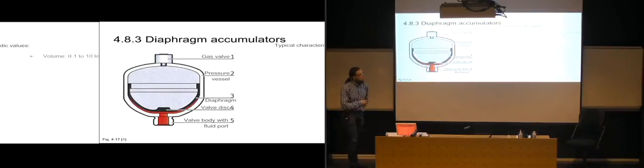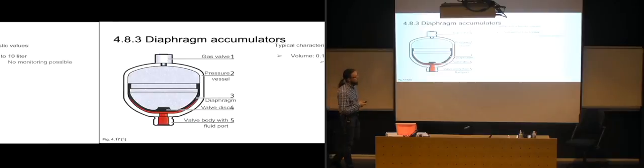And typical characteristic values here, 0.1 to 10 liters. So these can't be all that big. So 10 liters, that's the usual bucket that you will have at your home. So it's not all that big. It is not possible at all to monitor where the diaphragm is, how much it has been compressed or anything.